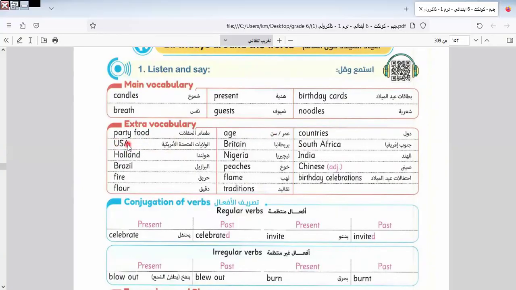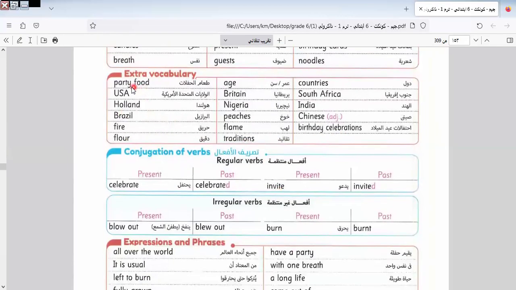USA is the abbreviation of United States of America, Britain, South Africa, Holland, Nigeria, India, Brazil, peaches, Chinese, fire, flame, birthday celebrations, flower, and traditions. Repeat after me.